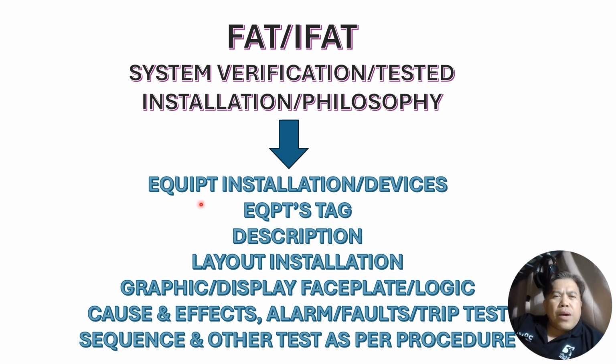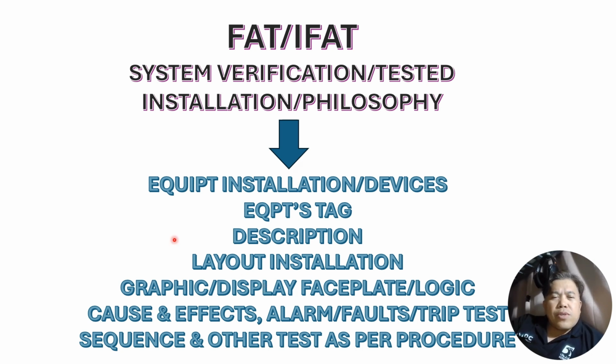You need to verify and check the equipment installation devices. You have to check equipment tags during the activities. Check the description: is this the correct description based on the approved design drawing? Check the layout installation, guys. Is that the correct layout installation based on your drawing? You also need to check the graphic, display, faceplate, and logic, cause and effects as well.